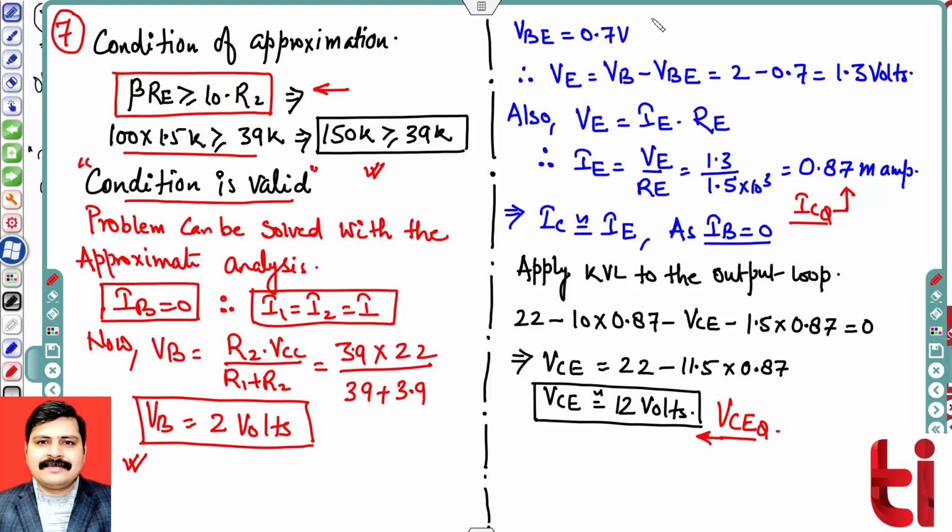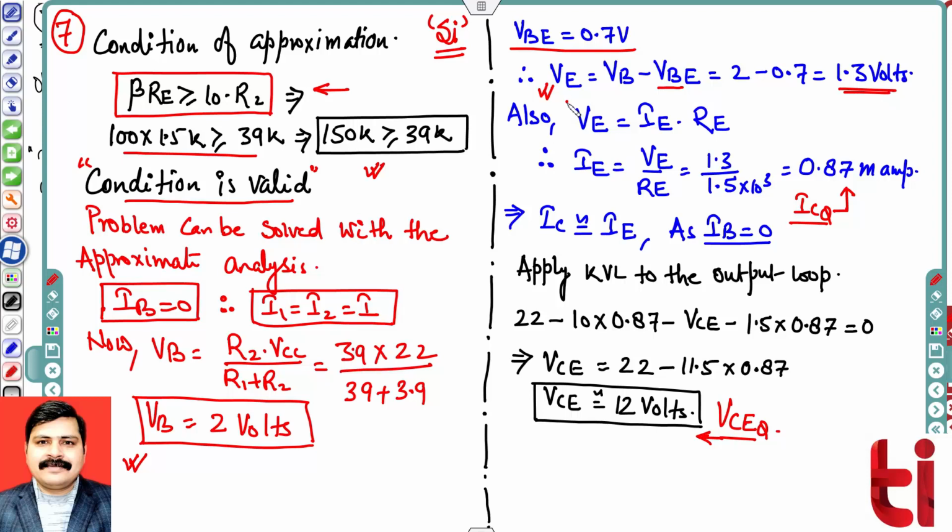Assuming my transistor is made of silicon, we can take VBE as 0.7 volt. So we can easily find the emitter voltage VE, which is VB minus VBE, so it is 1.3 volt.